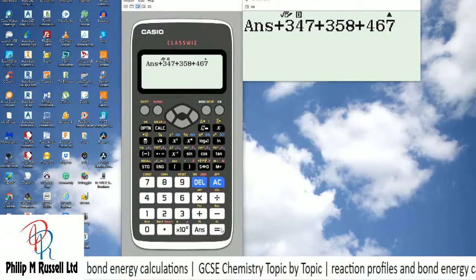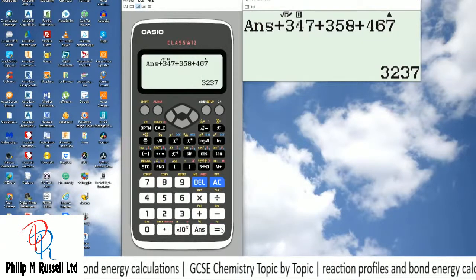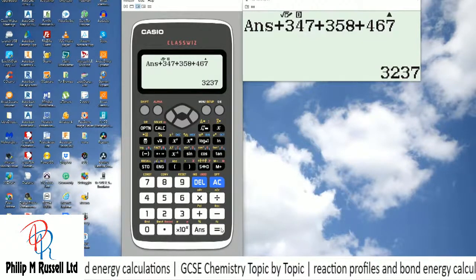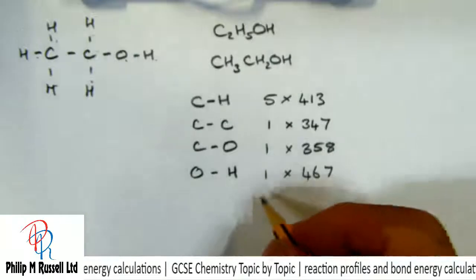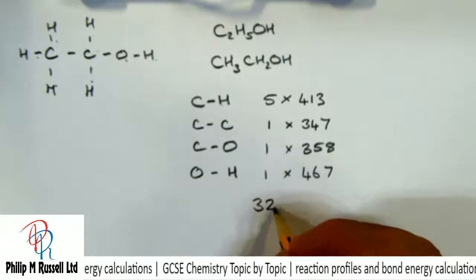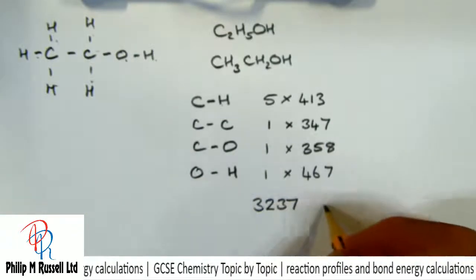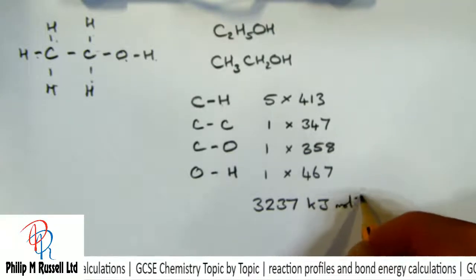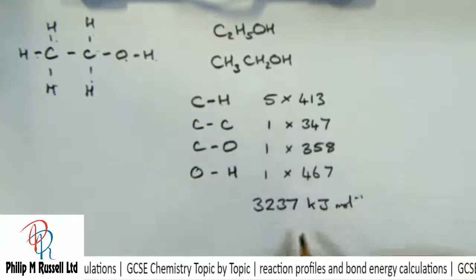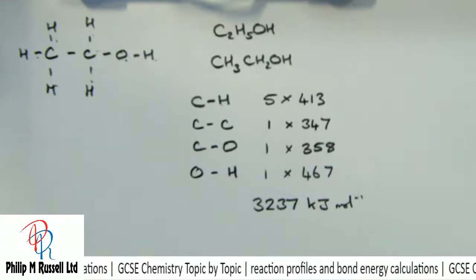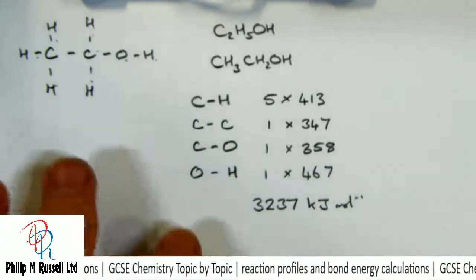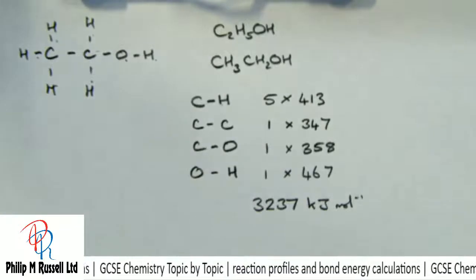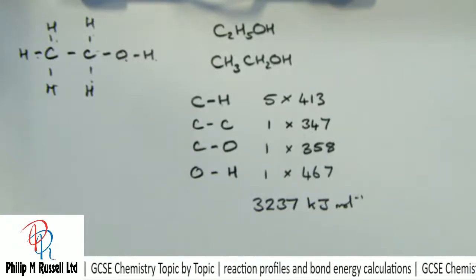And that's going to give us 3237. So there is a chemical like alcohol, ethanol, so we can work that out.